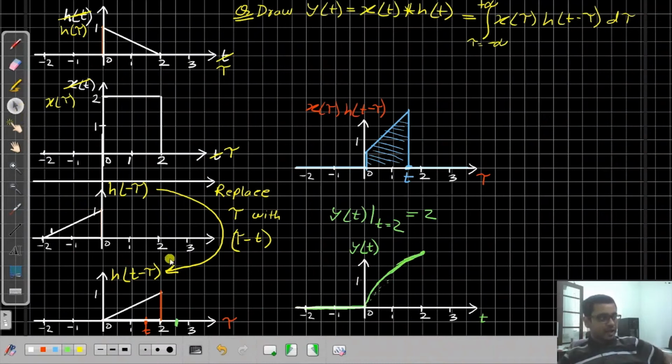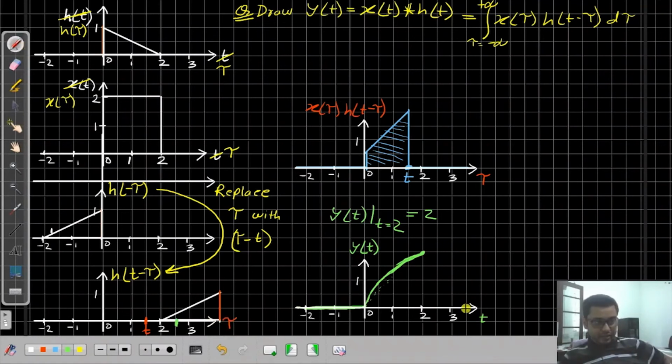After that, as time increases, you move this pattern further towards the right, and therefore the overlap between x(tau) and h(t minus tau) will decrease. Therefore the value of y(t) will decrease, and then when you move it quite far, at this point t equal to 4, there is no more overlap, and therefore the output will be 0 at t equal to 4.